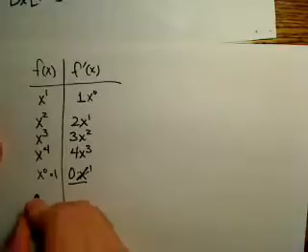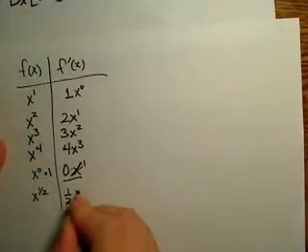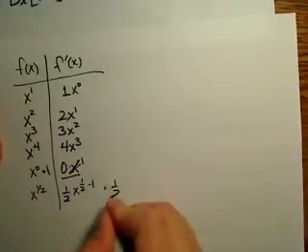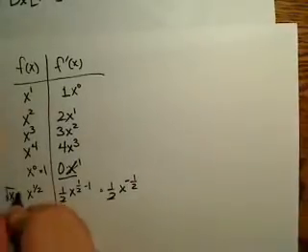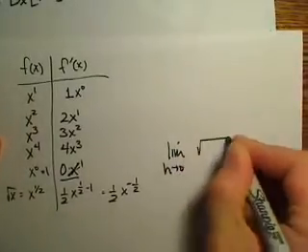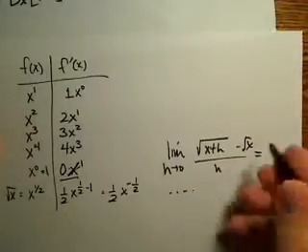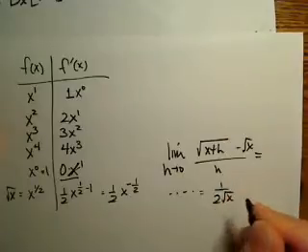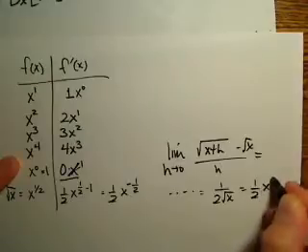But that's just 0, which is the constant rule, because that's just 1. But remarkably, this still works for things like x to the 1/2. That will be 1/2 x to the 1/2 minus 1, which is 1/2 x to the negative 1/2. And if you went through recognizing this is square root, and you went through limit as h goes to 0, square root of x plus h minus square root of x over h, you will indeed, after multiplying by the conjugate and all that, end up at 1 over 2 square root of x, which is 1/2 times x to the negative 1/2.